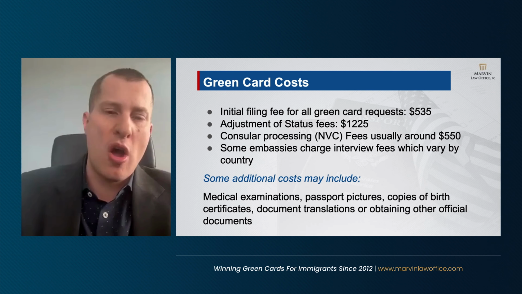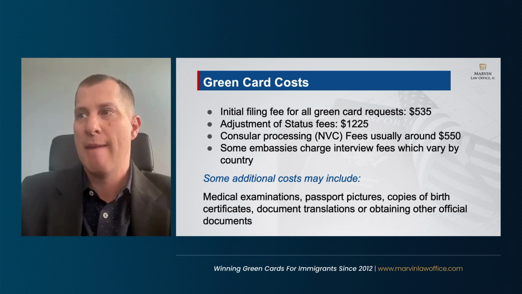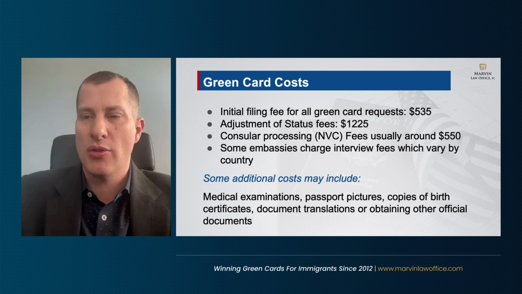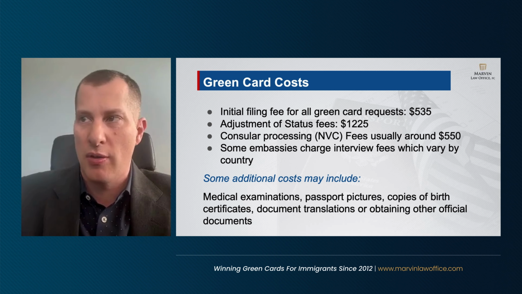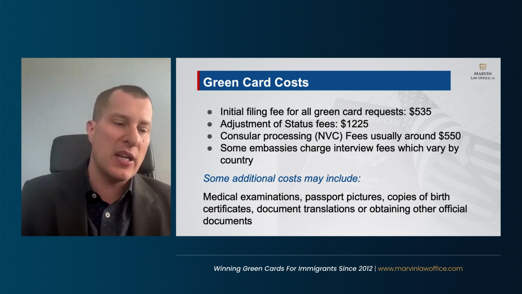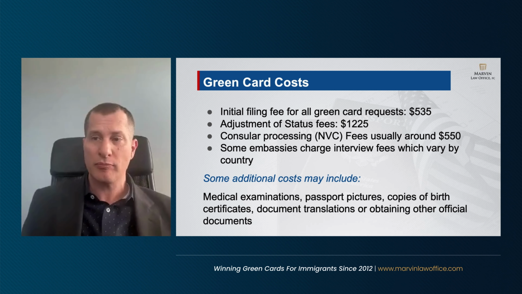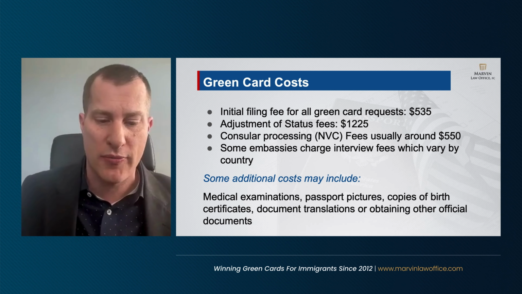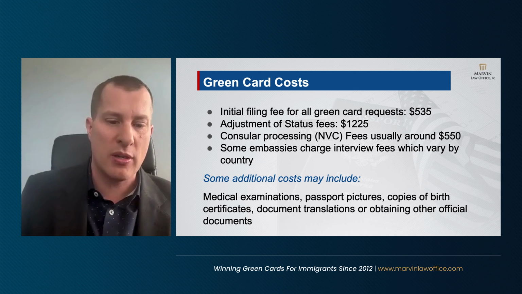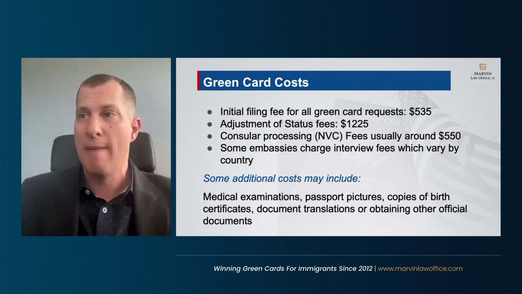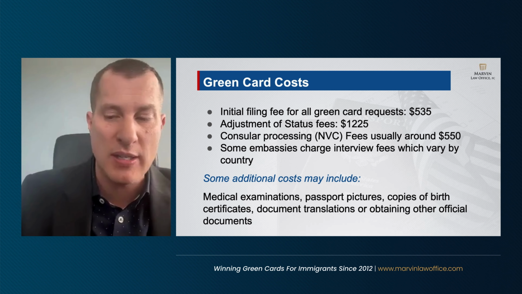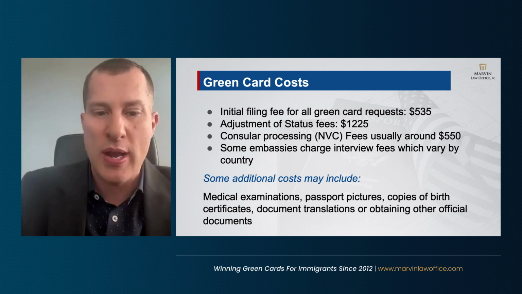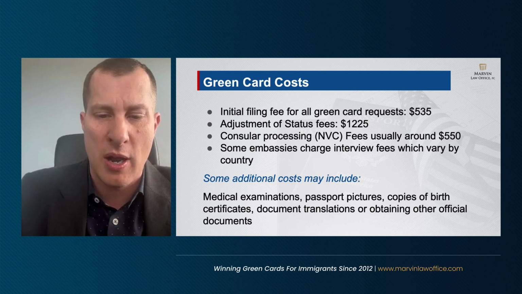Next topic is the costs for the green card process, okay? So green card costs, there's a lot of different fees that are involved. The initial filing fee for every process, I already mentioned the I-130 is the first part of the process that applies for everyone, okay? So whether you do the interview in the United States or outside, the I-130 has to be obtained.